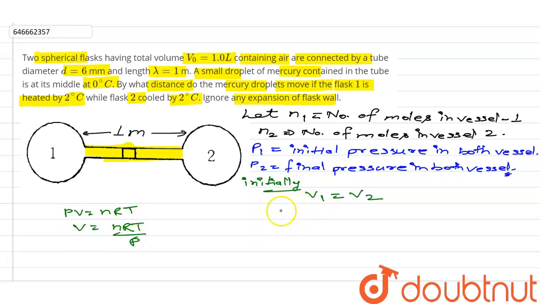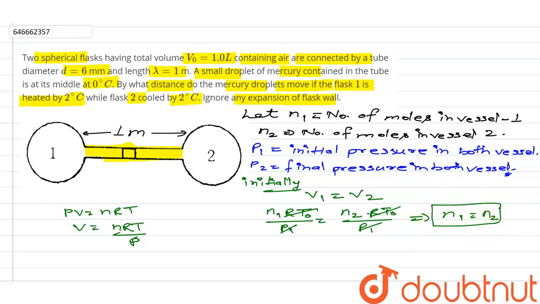So V1 is equal to N1 RT naught divided by P1, and V2 is equal to N2 RT naught divided by P1. P1 and P1 cancel out, RT naught cancel out, so we can conclude that N1 is equal to N2.